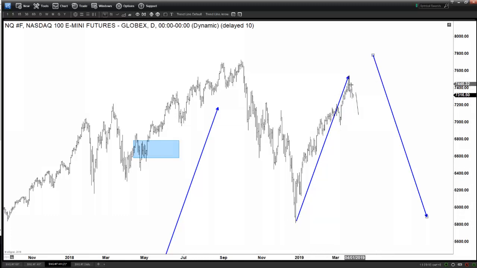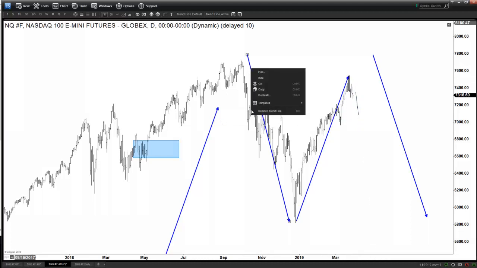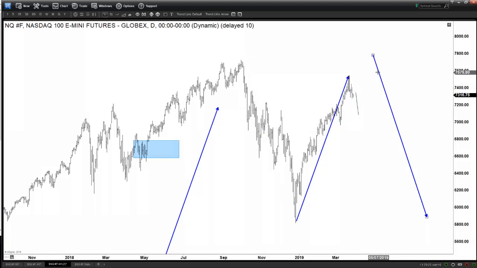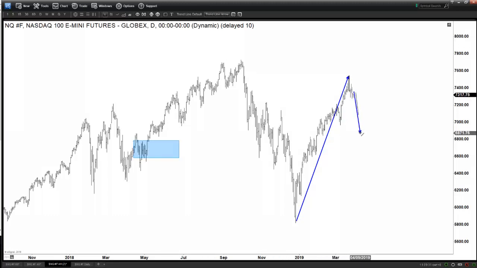If this cycle is completed, you have two choices in the larger degree. It's either worst case scenario like this, or the less apocalyptic scenario is going to be that we are correcting this cycle. So if we are correcting this cycle, then expect sizable correction like this to maybe around 50% or even more, okay, before the next leg higher.